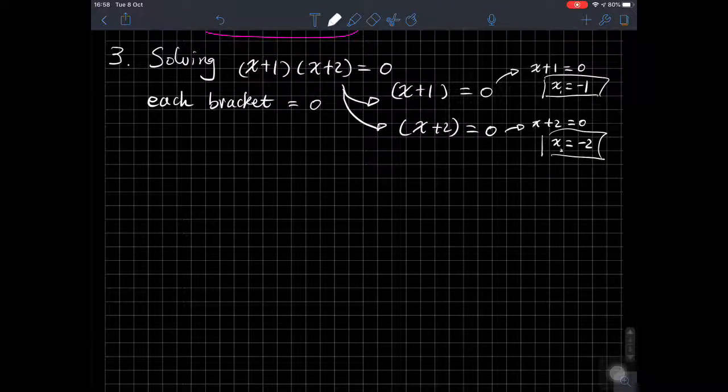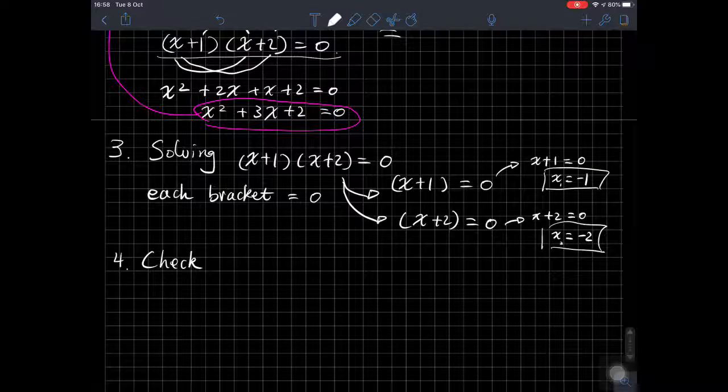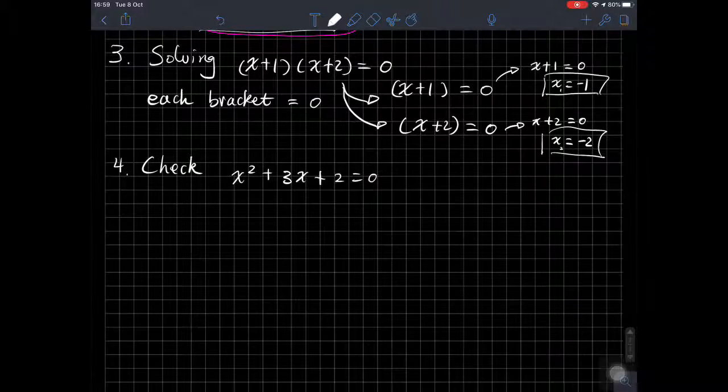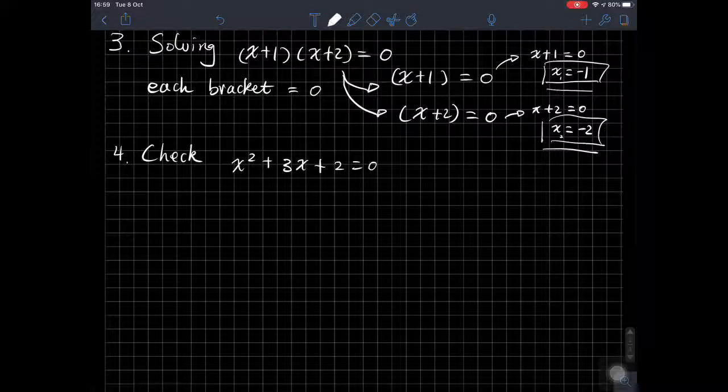And number 4, check to make sure that you've got this question correct. We get this equation, x to the power of 2 plus 3x plus 2 equals 0. And we substitute in our values of x. So let's say x1 equals minus 1.